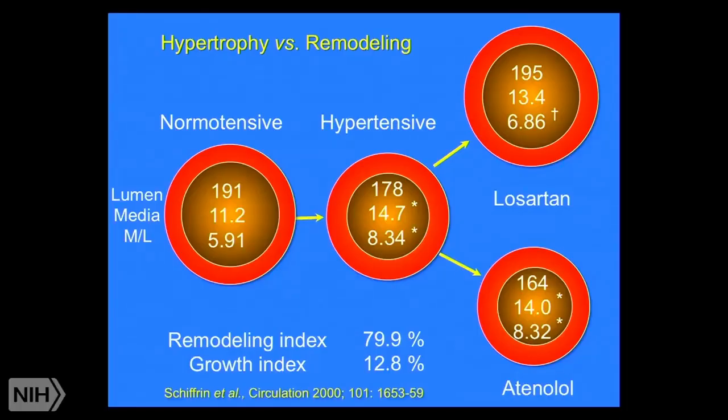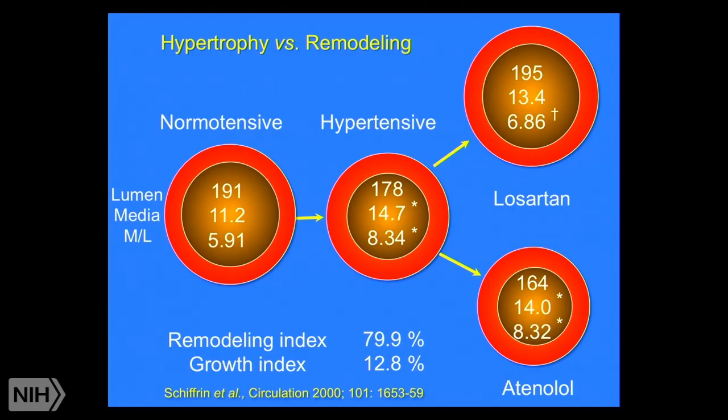And in this particular study, we were able to reproduce what we had found with an ACE inhibitor, with an angiotensin receptor blocker: reverse remodeling of the inward eutrophic remodeling found in the hypertensive individuals, with no change with atenolol. And in many studies, atenolol has been our negative control.